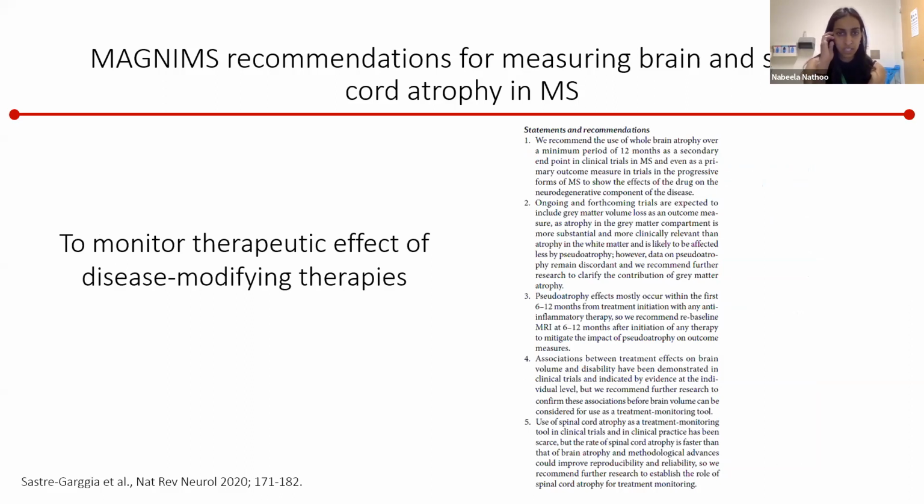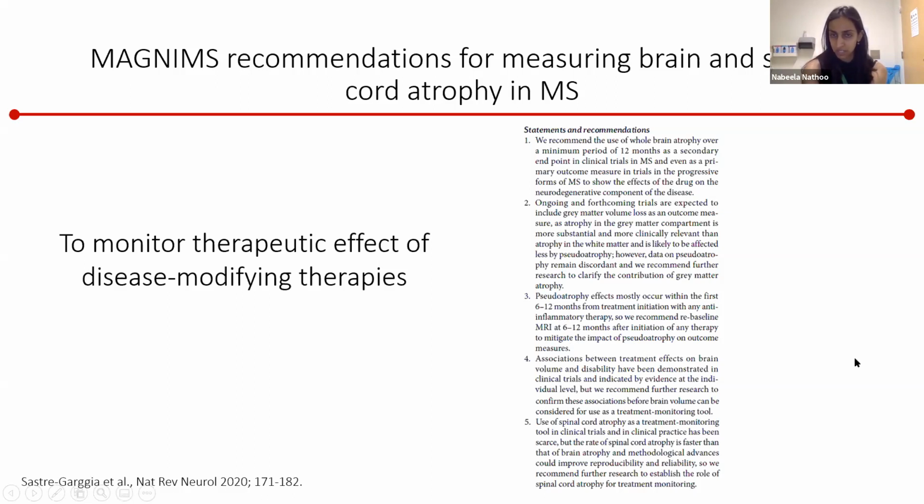The difficulty is this point number 3 with the pseudoatrophy. So if you have an ongoing presence of inflammation, if you give disease-modifying therapy, you can develop what's called pseudoatrophy, because as the inflammation goes down, the edema also goes down, and so it looks like you may have brain shrinking.